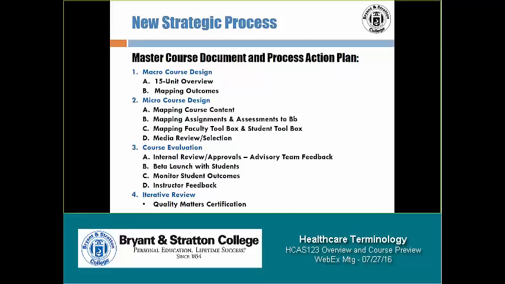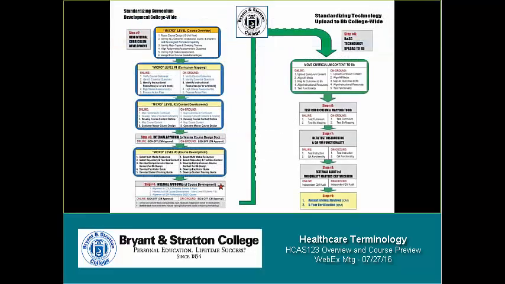Now, I'm not going to go into all of the details here, but this is the actual process that was developed. We started at a macro level, and then we broke it down into several micro levels, keeping in perspective that there are differences between on-ground development and online, and some variations needed to be considered.